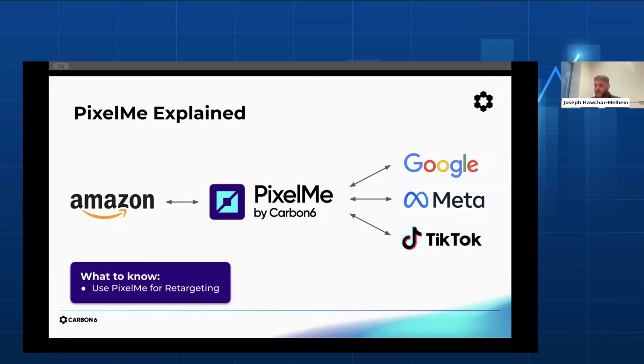So just a little bit about what Pixelme is. It sits in the middle between paid media platforms and Amazon. What we do is create advertising inside of our platform. It then creates those Amazon attribution campaign IDs, for the campaigns, search or branded, in Google.